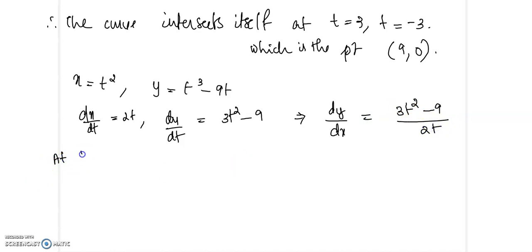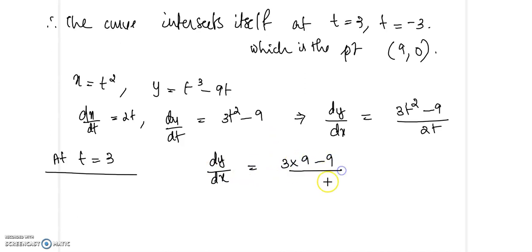Now let us first find what is the tangent at t equal to 3. So at t equal to 3, dy by dx will be 3 into 9 minus 9 by 6. So that will be 18 by 6, which is 3.